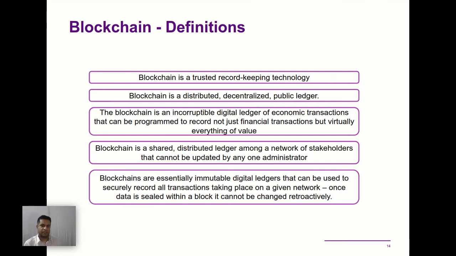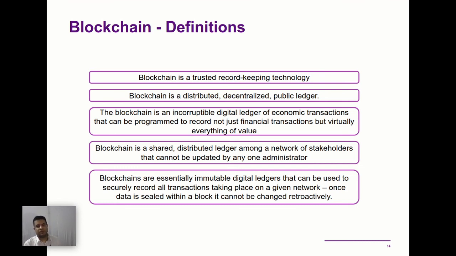It's fair to assume that when we're talking about banks and financial data, we need trust. And if we're trying to replace the technology underlying that record keeping, then it obviously needs to be trusted. So that's what blockchains are: trusted record keeping technology.